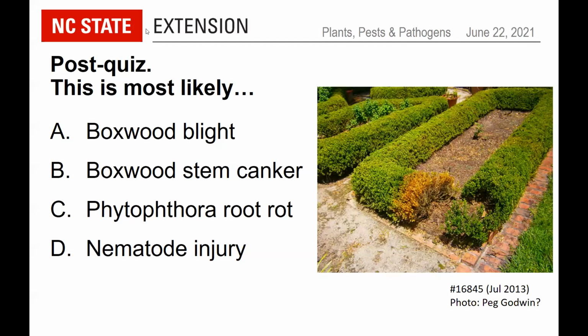So we'll give folks a little bit of time here. And right now, of course, you can't see it, but there is one that is in the lead, although it is a fairly contested race among the other three. But the one in the lead, I am happy to say, is the correct answer.